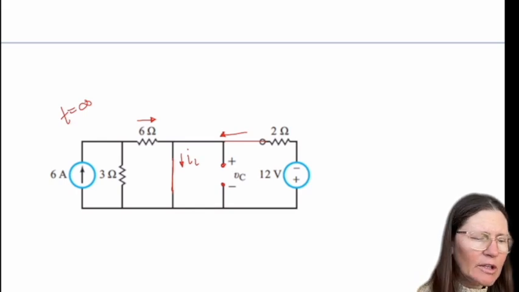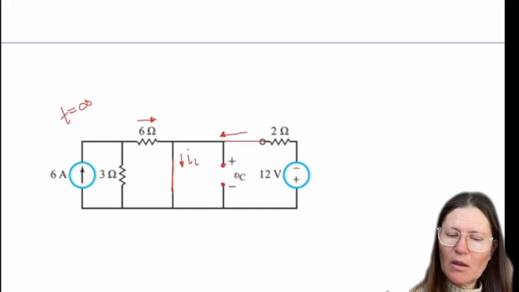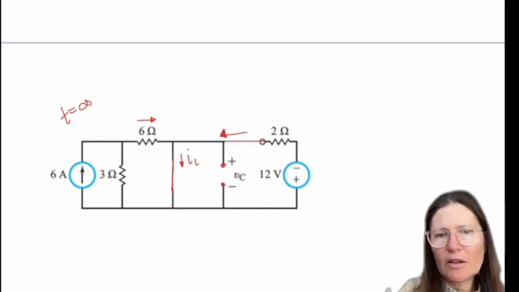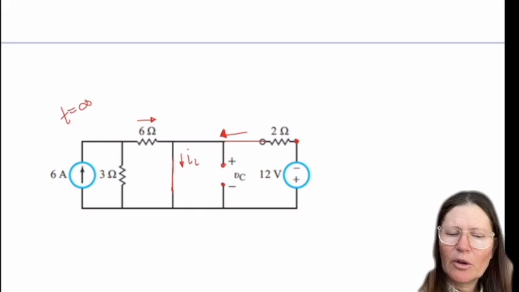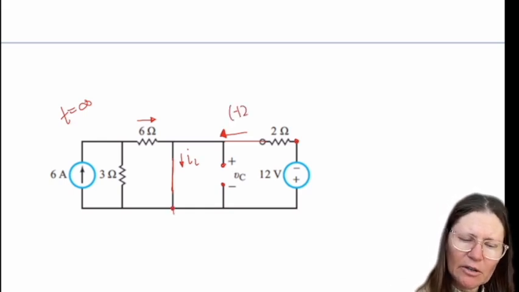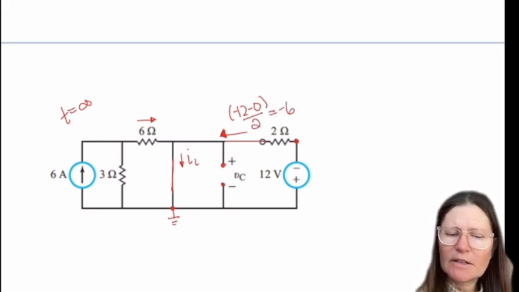So the current coming from this side is going to be, it's a minus 12 over on this one. So we can do a minus 12, and again grounding this will be 0, minus 0 over 2 gives us a minus 6 amps.